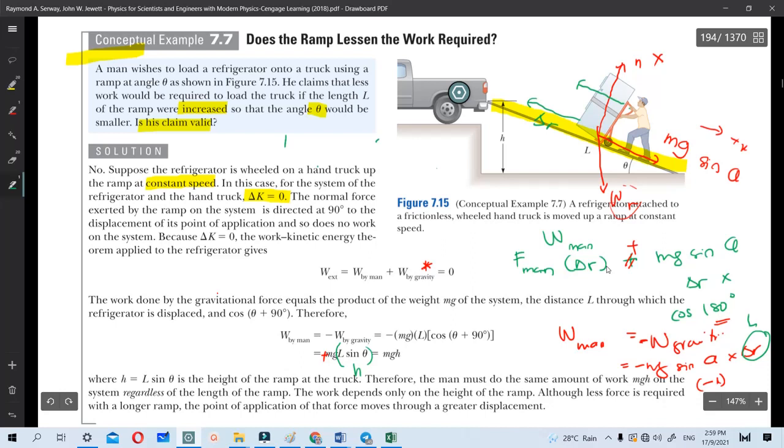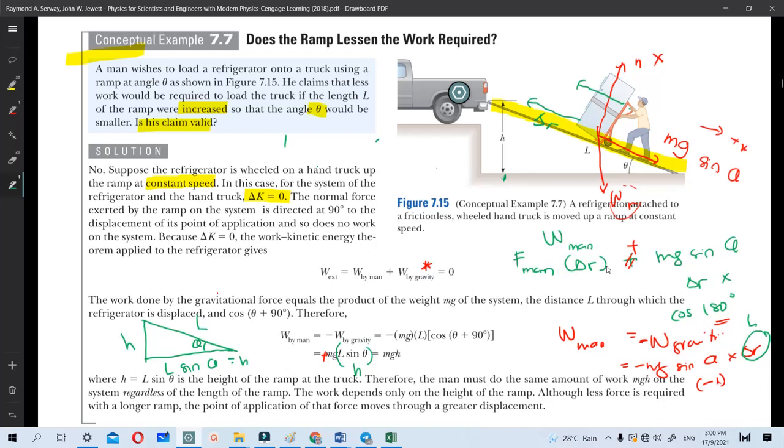Okay, a bit lost? Go back to this figure. So this is how it looks like. This is the angle theta, this is the H, this is the hypotenuse. As you relate them to one another, you will find that L sin theta is equivalent to H. So mg L sin theta through the ramp distance is equivalent to the work as if he transferred the refrigerator straight up at the vertical height.